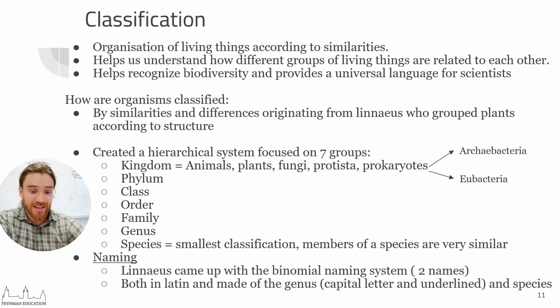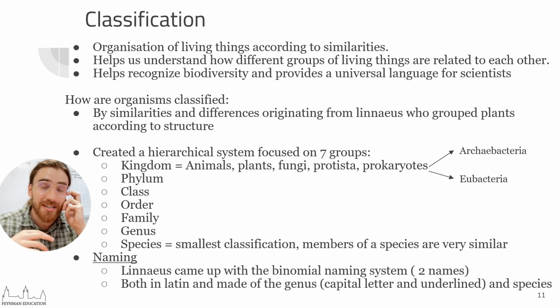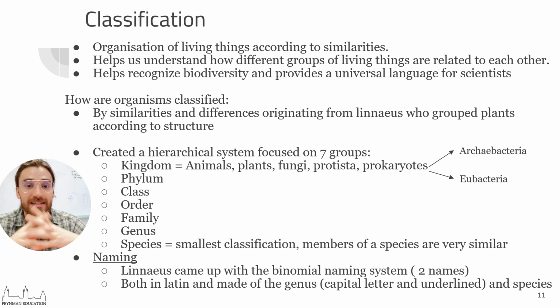Linnaeus also came up with the binomial naming system, which means when we name something, it is based off of its genus as well as its species. This is all made out of Latin. The genus will have a capital letter and usually be underlined or italicized, so slanted a bit.